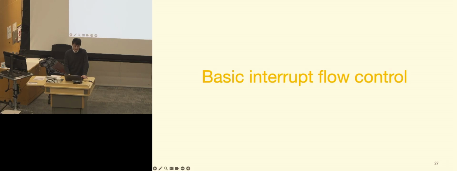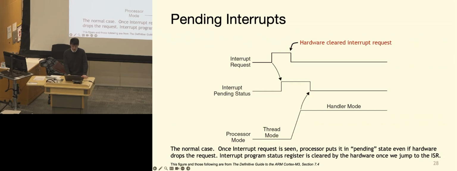we're going to briefly do some basic interrupt flow control diagrams here. So this is, I believe, one of the simpler cases. Basically, the interrupt requests come from the peripherals and then go to the NVIC, which is that interrupt request up here.